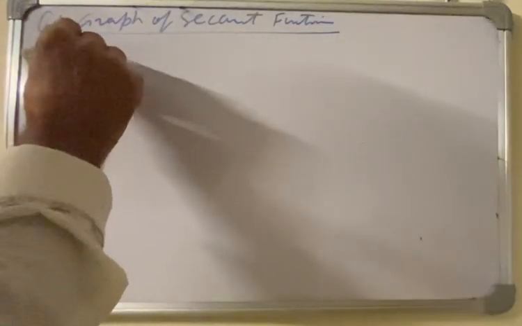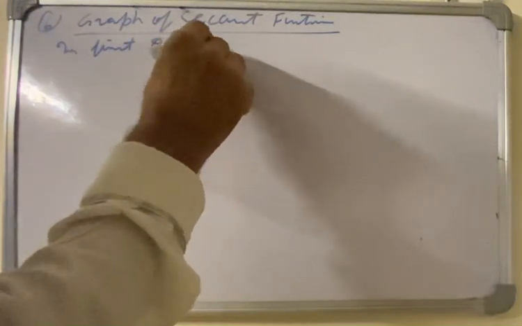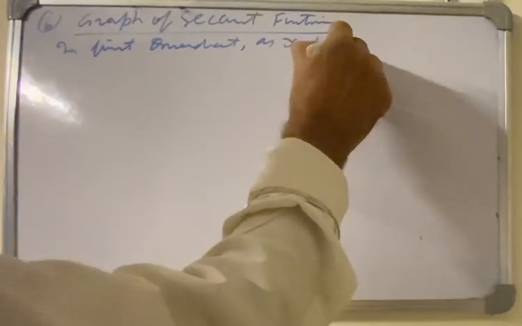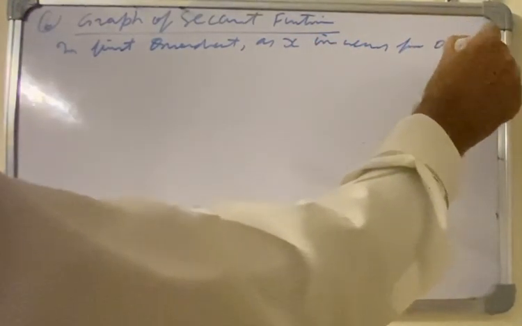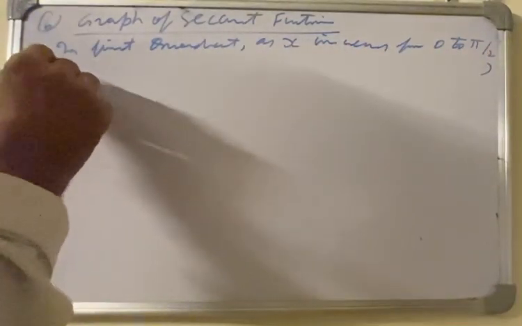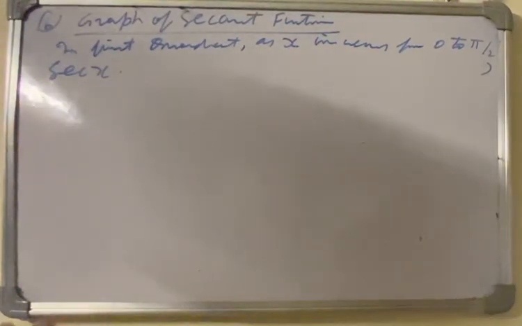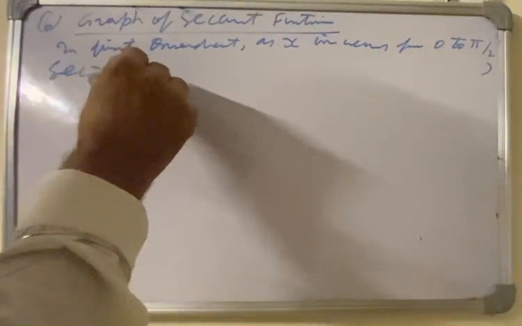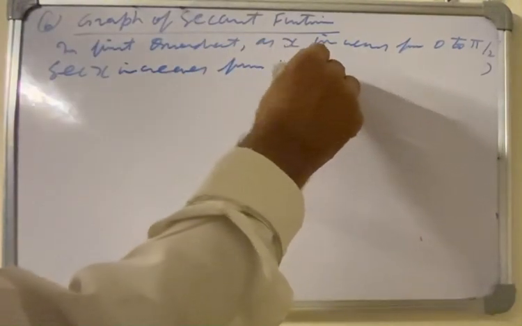In first quadrant, as x increases from 0 to pi by 2, secant x increases from 1 to infinity.